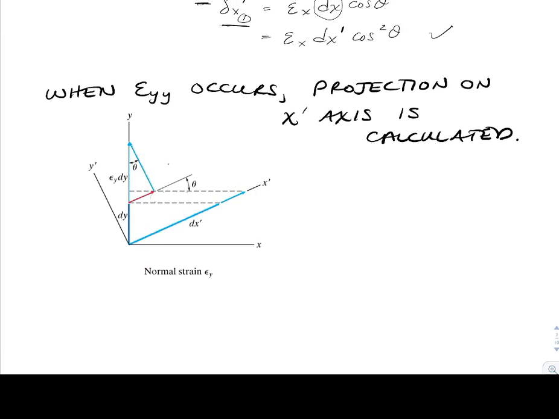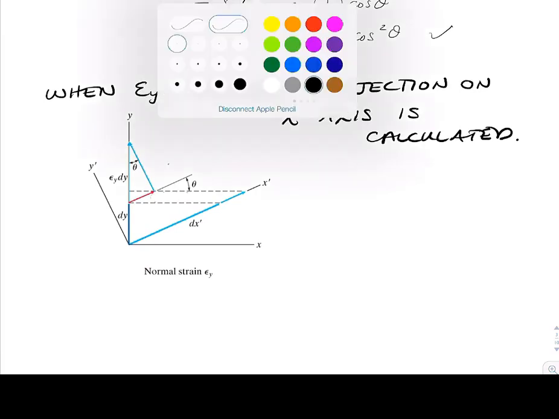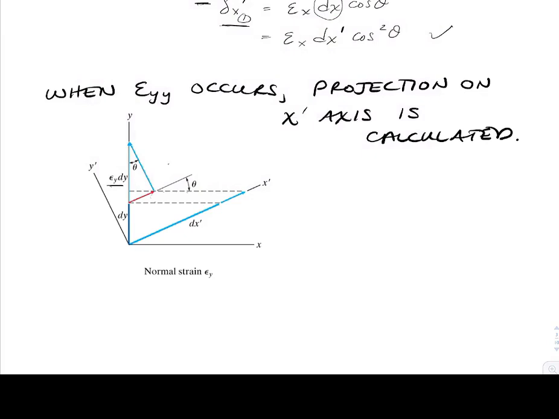So we're going to now track movement, or strain, in the y direction. So something that would be initially length dy would now have an additional length epsilon y times dy. And so let's just track these values in here. And what we're interested in is really this one right there.